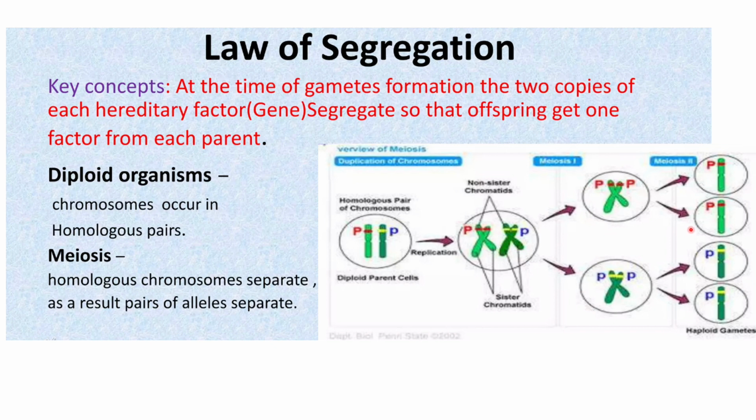They separate and pass on to different gametes in their original form, producing two different types of gametes in equal proportions. The pair of alleles of each parent separate, and only one allele passes from each parent onto the offspring. Which allele in a parent's pair is inherited is a matter of chance, and they all have equal probabilities. So this is the law of segregation.